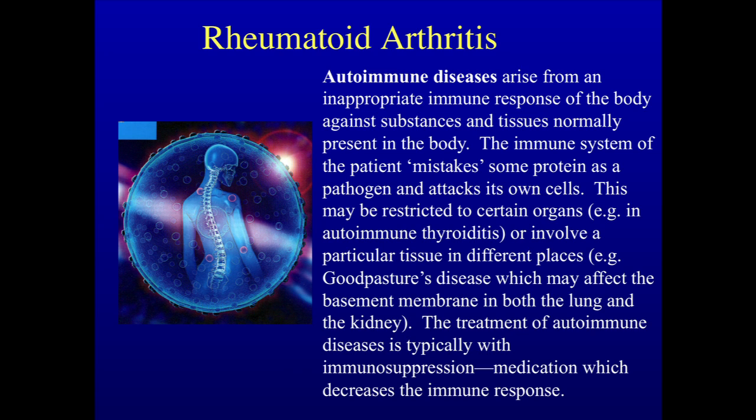An autoimmune disease is primarily thought of as an inappropriate immune response of the body against substances and tissues normally present in the body, like TNF, or in the case of multiple sclerosis, your own myelin sheath.